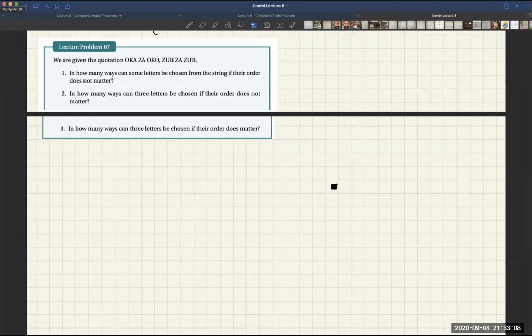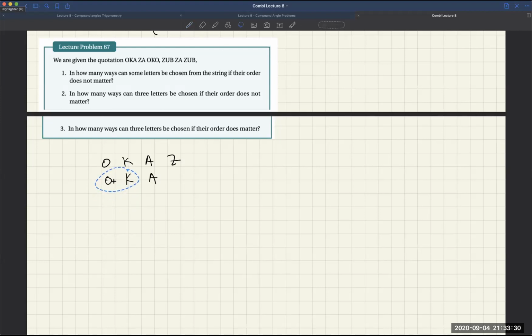Any answers, please? What about the first case? Have you been able to solve the first one? In how many ways can some letters be chosen? So let us see this string which we have here. If I try to collect them: OKA, OKA, ZA, OKA again, OKO, and then ZUB, ZA, ZUB.